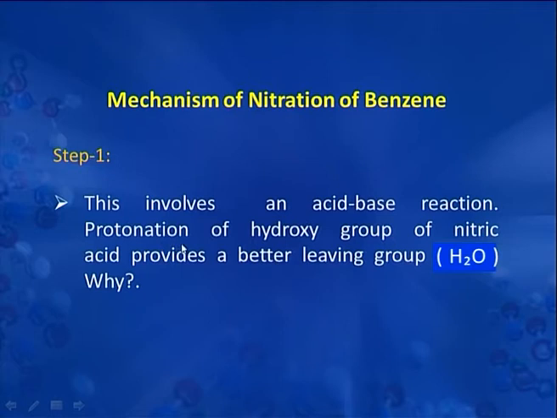The mechanism of nitration of benzene involves 3 steps. In the first step, there is a reaction between nitric acid and sulfuric acid. This is an acid base reaction where protonation of the hydroxy group of nitric acid provides a better leaving group, water. Now, the question arises why protonation of the hydroxy group of nitric acid is taking place.